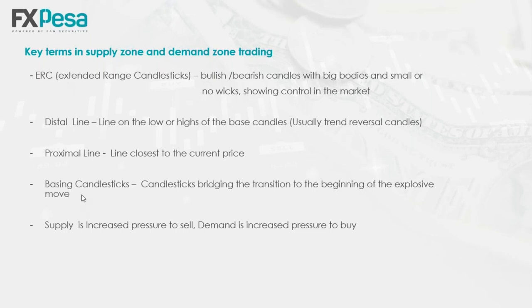Then we have candlesticks which you are calling basing candlesticks. So basing candlesticks are candlesticks that transition the market into a period of price rally. So they normally precede extended range candlesticks. So as I've stated, you'd have 2 or 3 basing candlesticks, and the fewer the candlesticks, the better the zone is, because it means that that level will be quite strong.